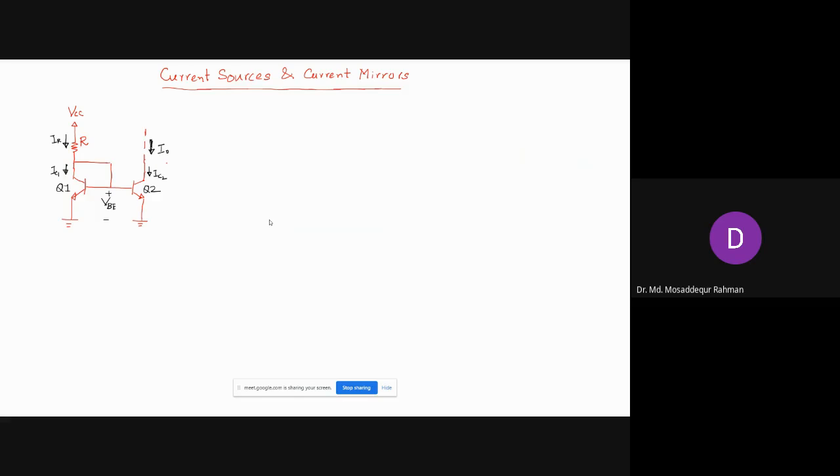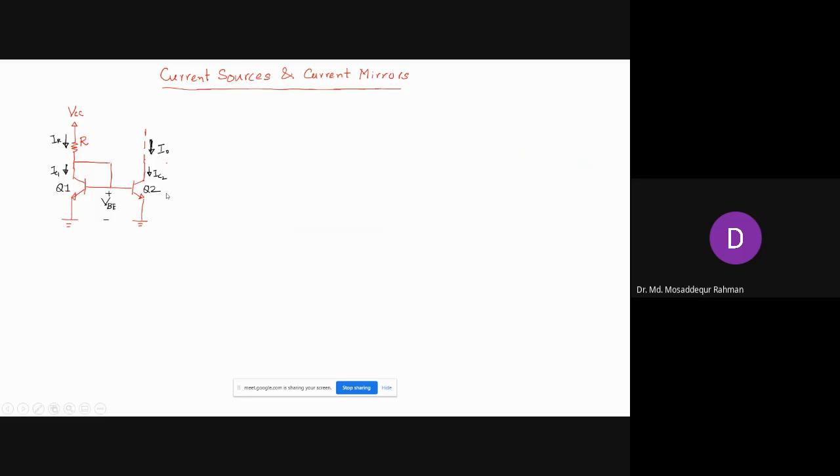So that is the current mirror circuit that we introduced in our last class. It has two transistors. Q1 is considered the input side, and Q2 is the output side.